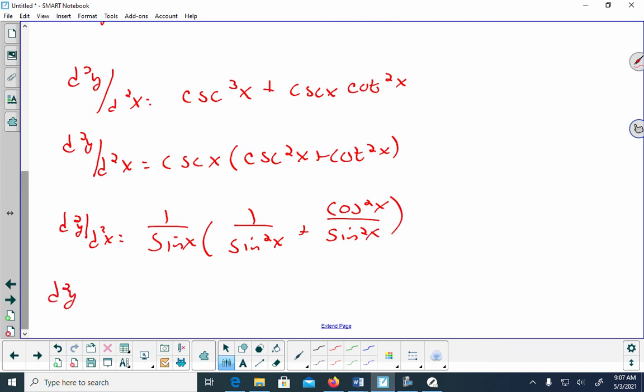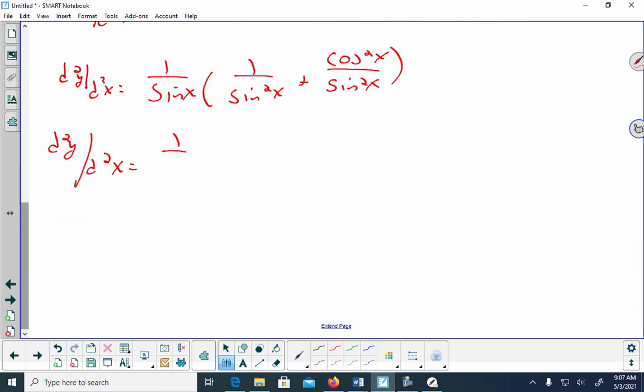I don't know if there's an easier way to do this, or somebody will tell me. So the 1 plus cosine squared x has a denominator sine squared x. Oh, it's just 1 plus cosine squared x.